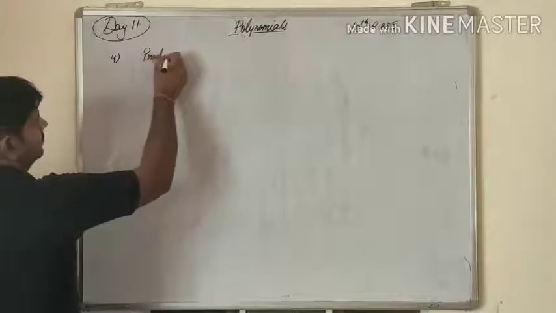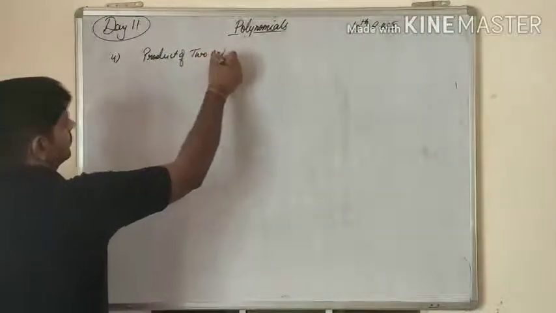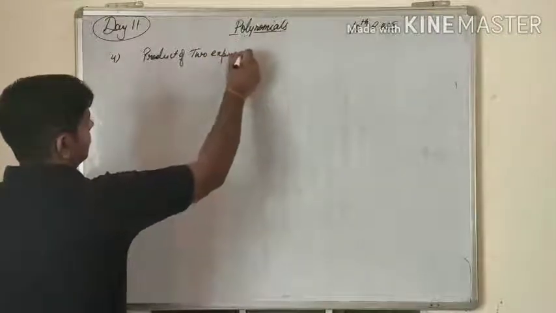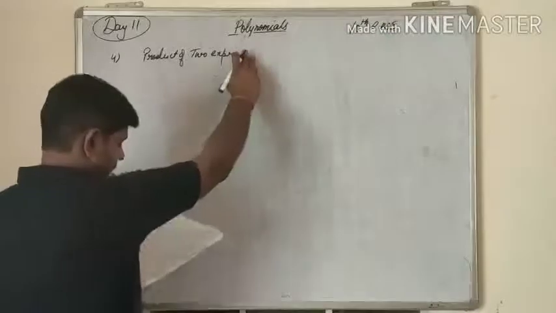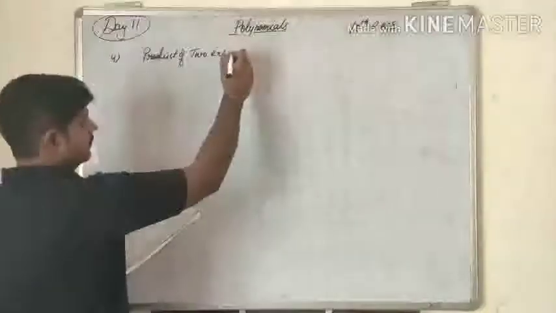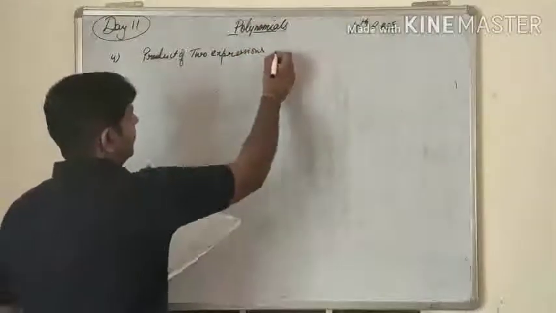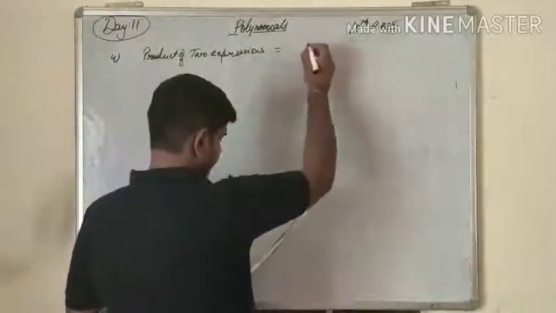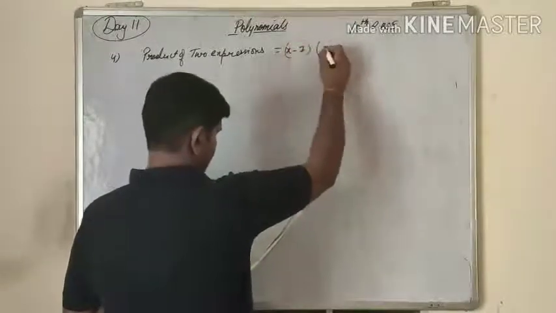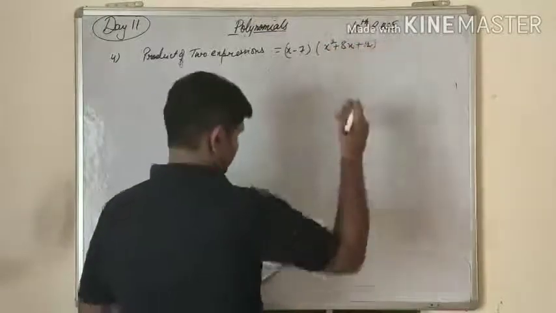Product of two expressions is x minus 7 into x square plus 8x plus 12.